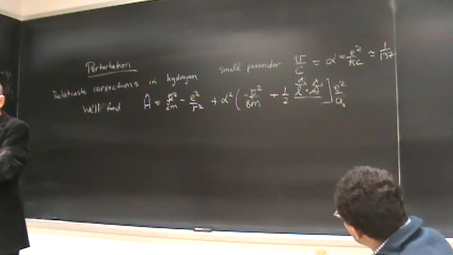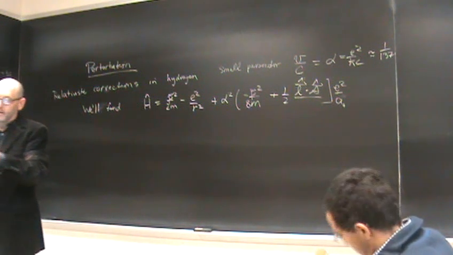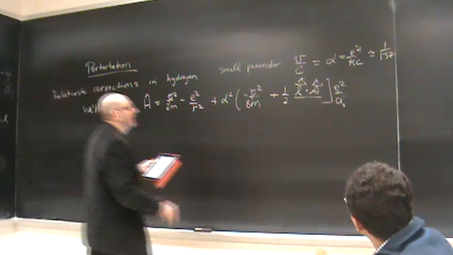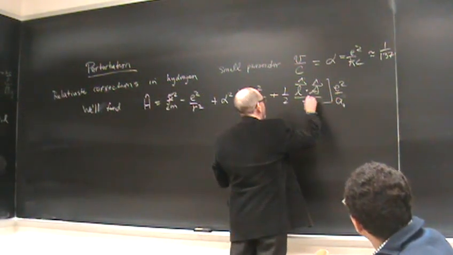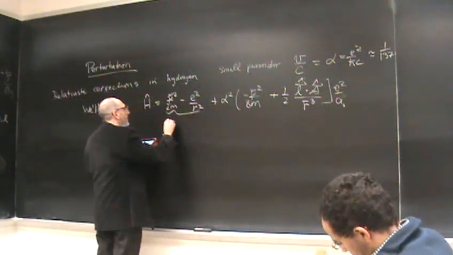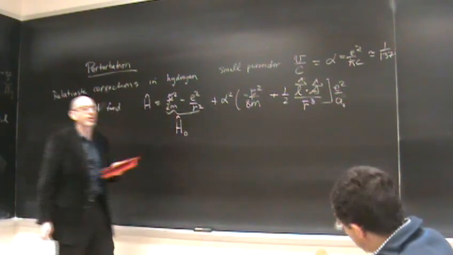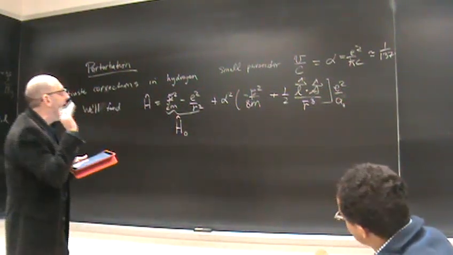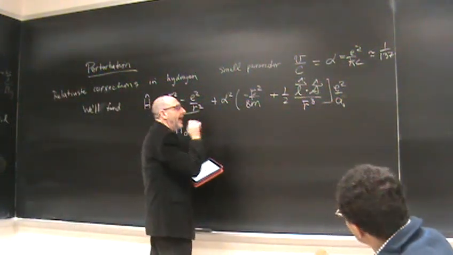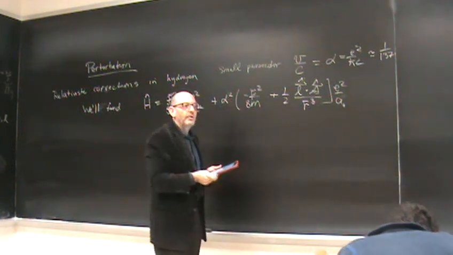All right, hold on a moment. Let me bring up what I wanted to bring up here. All right, I know I was missing something, and that's what I missed. So this is what we might call the zeroth order Hamiltonian, the Hamiltonian in the absence of the relativistic corrections. And then there's a Hamiltonian that is proportional to a small parameter.